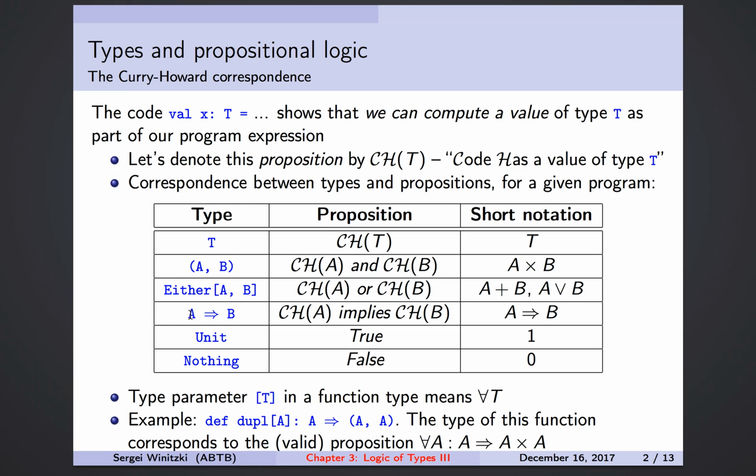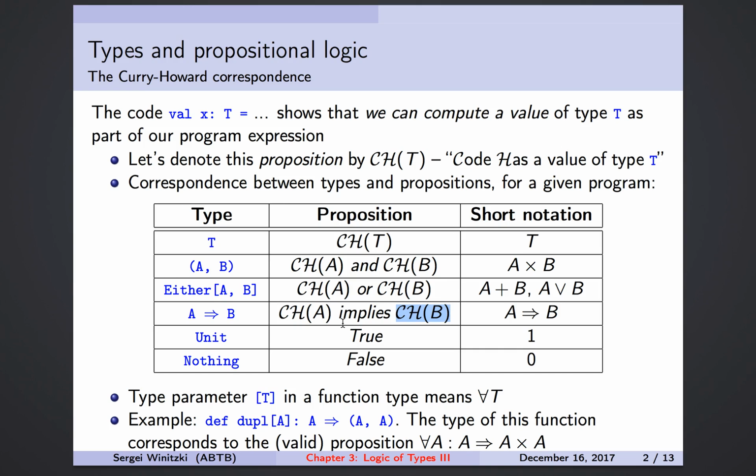This function takes a and returns b. So if somebody gives you a value of type a, you will be able to produce a value of type b. In other words, if your code, maybe at some later point, has a value of type a, then your code will also be able to get a value of type b.